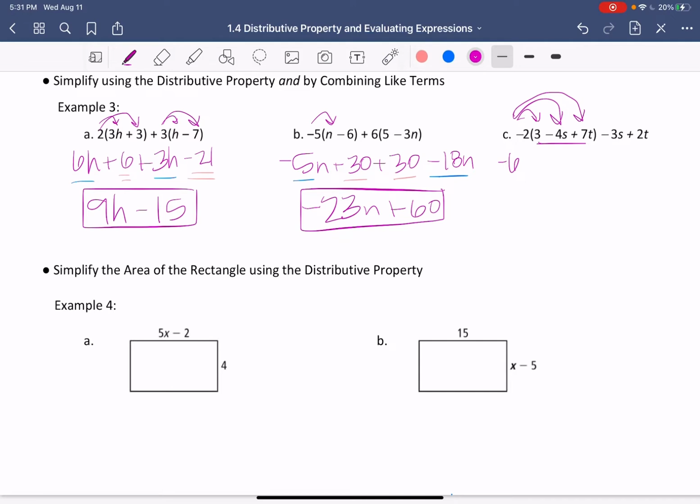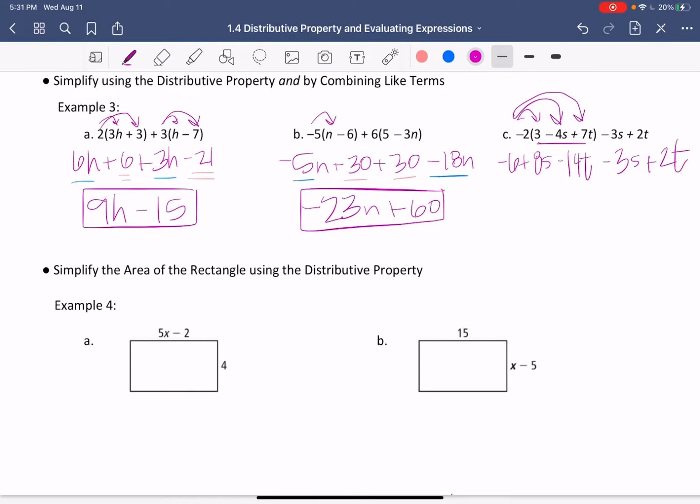Negative 2 times negative 4s gives us positive 8s. And negative 2 times 7t gives us negative 14t. Okay, and then we'll just bring our other terms down. These are not just being distributed, okay?